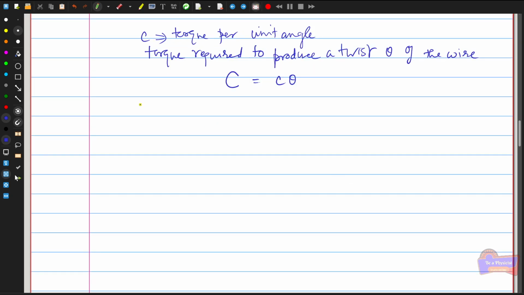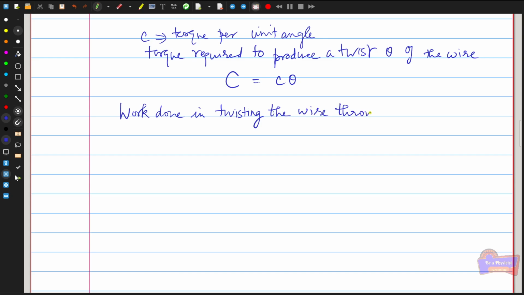So we can also find that if this torque is applied to the wire, the opposite forces are stored as a potential energy, so we can take it as the work done in twisting the wire through a small angle d theta.